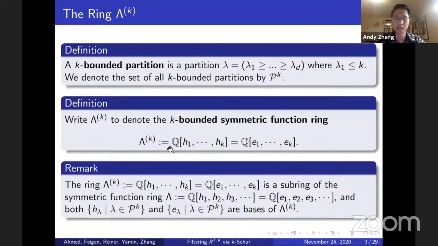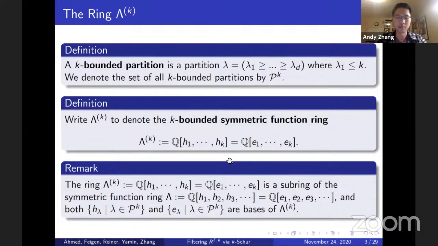It's defined by adjoining k variables to Q, and we call these variables h1 through hk. You could think of them as the complete homogeneous symmetric functions. Alternatively, this ring is also generated by e1 through ek, the elementary symmetric functions.